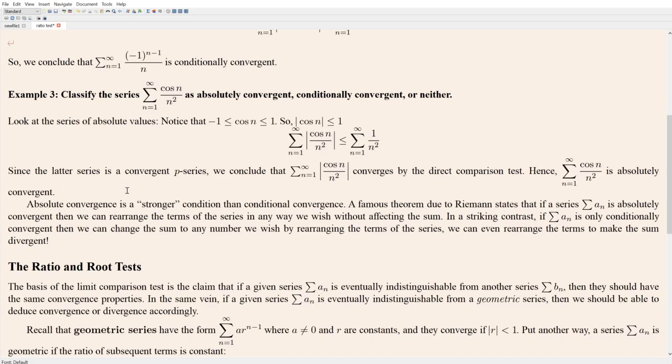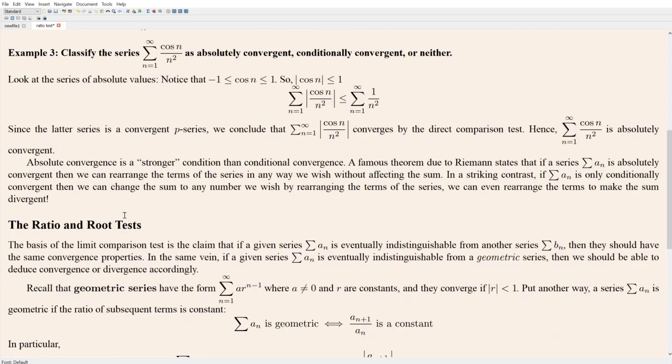More deep than that, though, absolute convergence is a stronger condition. There's a really remarkable fact due to the famous mathematician Riemann, the same Riemann as in Riemann sums, that states that if a series is absolutely convergent, then we can rearrange the terms of the series in any way we wish without changing the sum.